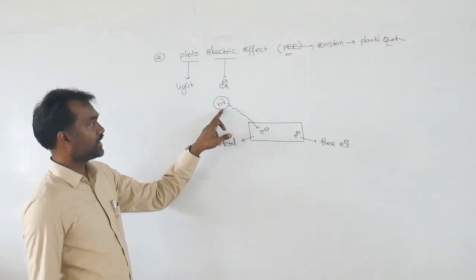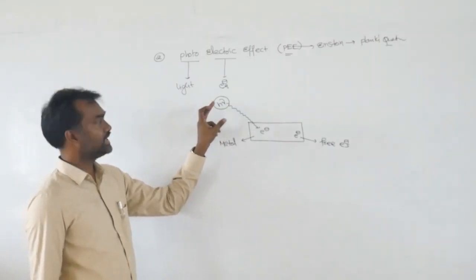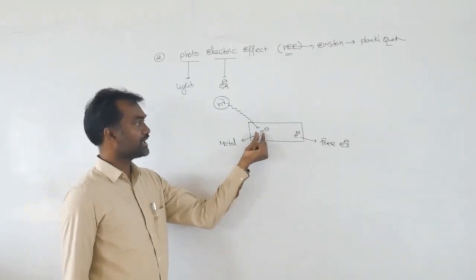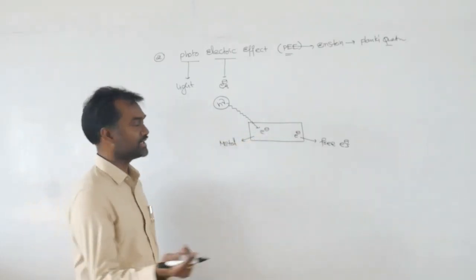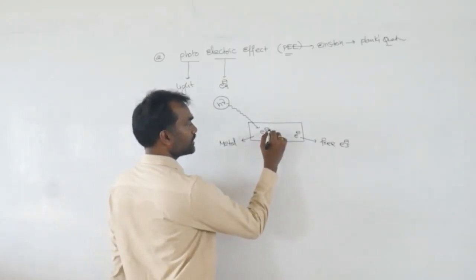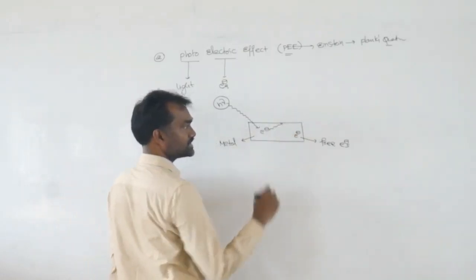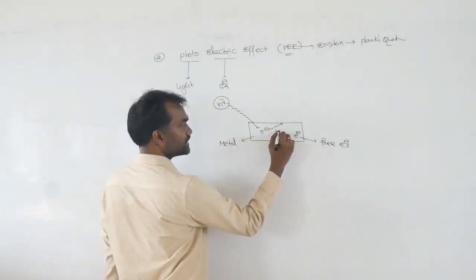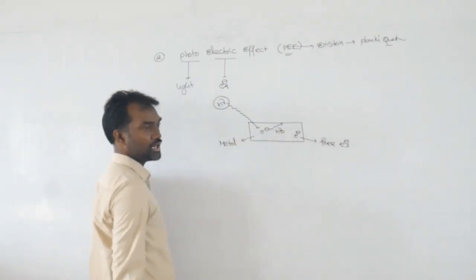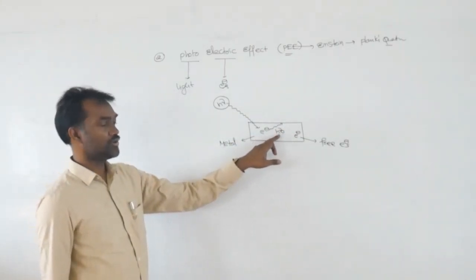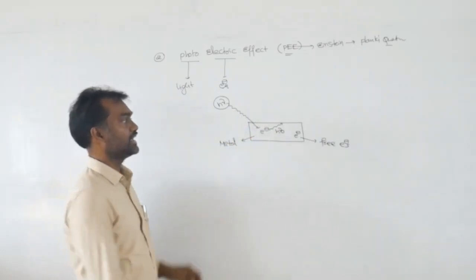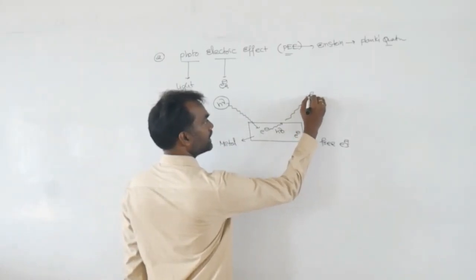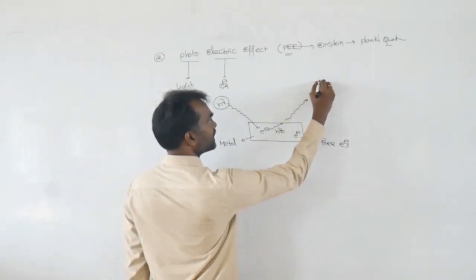It has some amount of energy, it touches the metal, then what happens? In the metal, a free electron first absorbs this energy and moves from the inner level to the surface. So some amount of energy is utilized. That is called h nu naught, the threshold energy. After that, any extra amount is taken by the electron and it comes outside with kinetic energy.